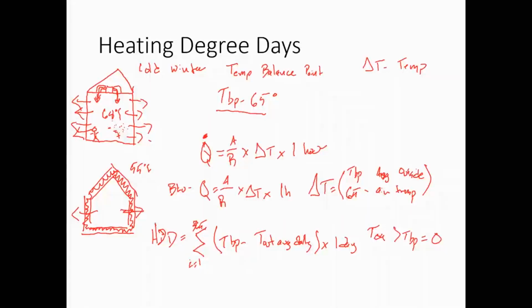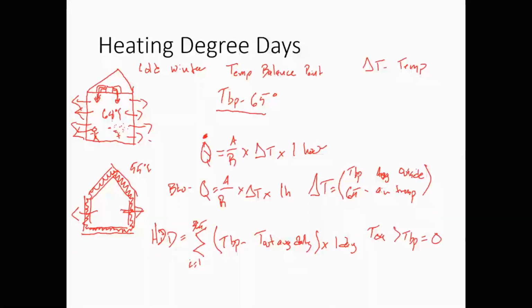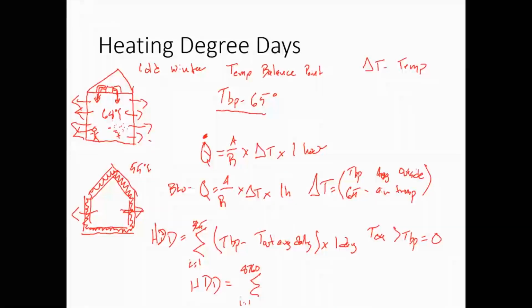And if we're looking at this on an hourly scale, it's going to be doing the same thing. It's going to look a little bit different. So heating degree days is going to be the sum of 8,760 hours in a year. You're still looking at the first time step.